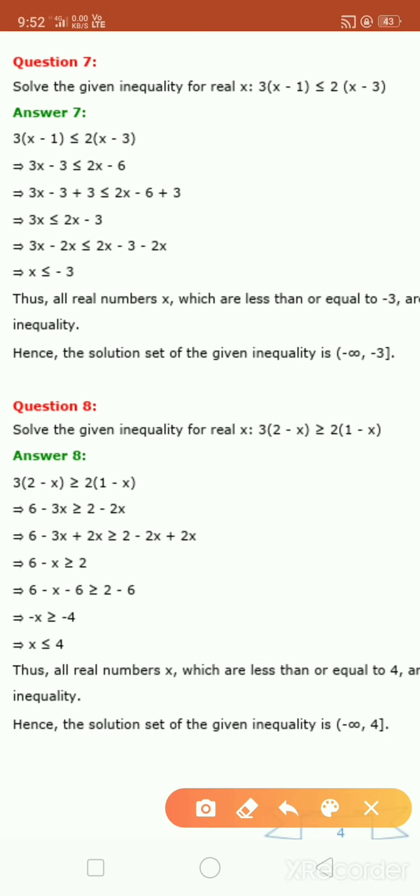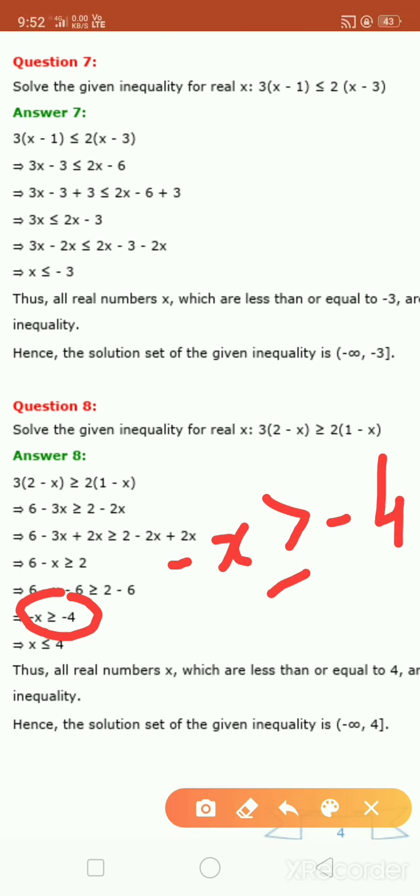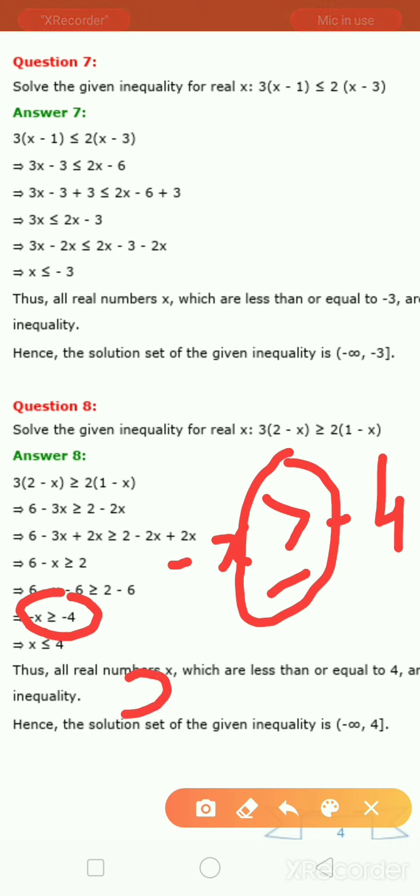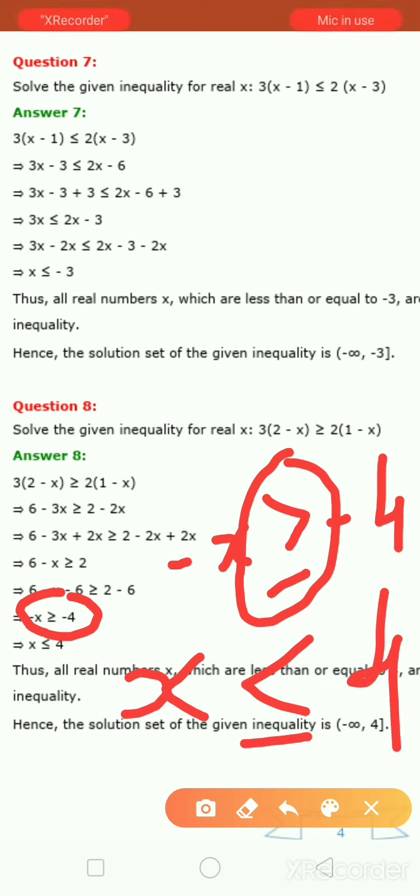I learned in the first session of this chapter on inequalities that there is a reverse direction. If it contains a minus sign, you can observe clearly here that it will be reversed. So you will get x is less than or equal to 4 here.